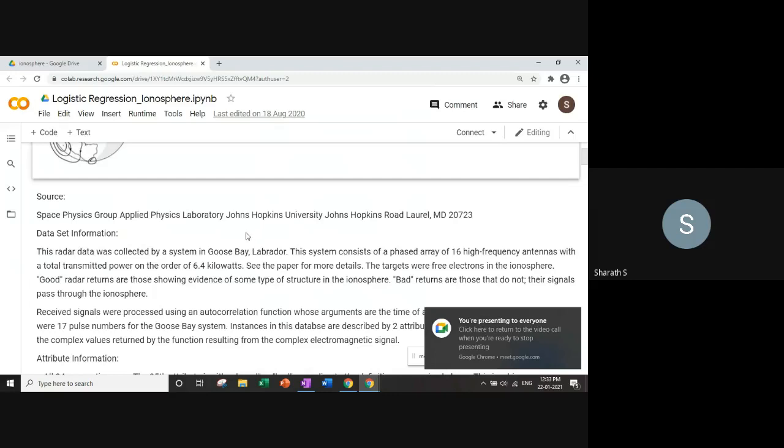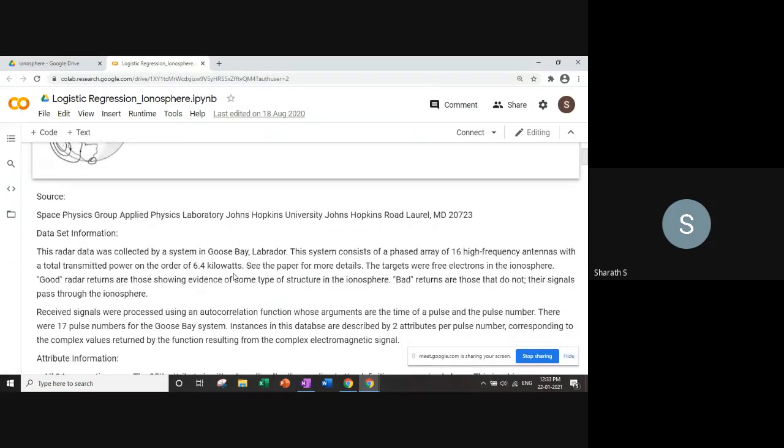So the radar data, actual radar was used in the field, and what they have done is a system of phased array antennas.